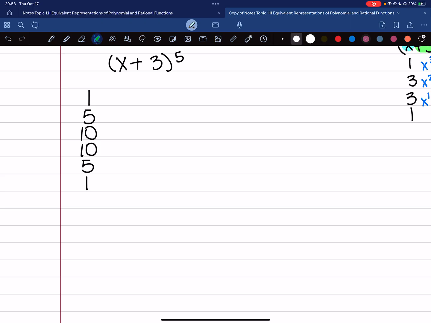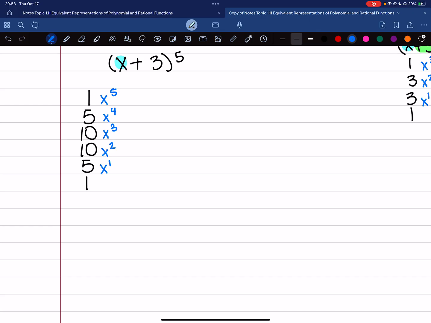We're going to take the first term and take it to the 5th power. So that would be x to the 5th. And then we descend from there: 4, 3, 2, 1, and then 9.